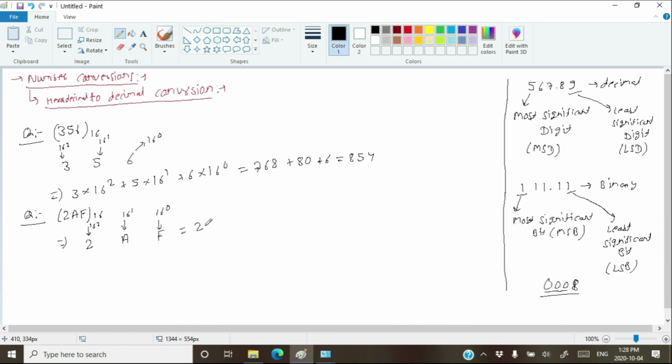Then multiply them. 2 into 16 to the power 2 plus A into 16 to the power 1 plus F into 16 to the power 0. And this is how you will get 512 plus 160 plus 15 is equal to 687 in base 10.